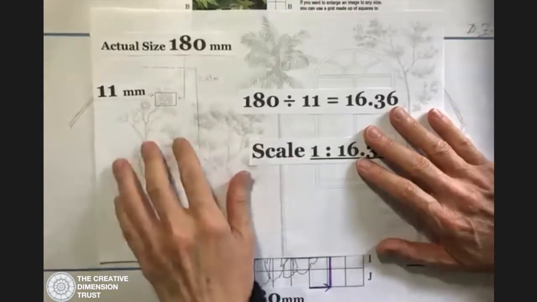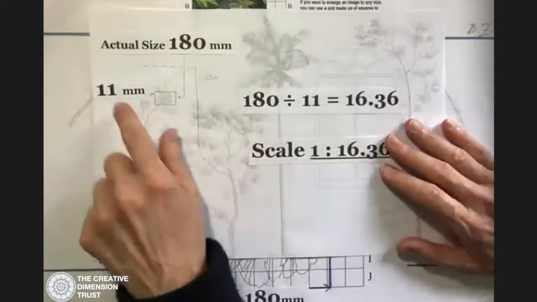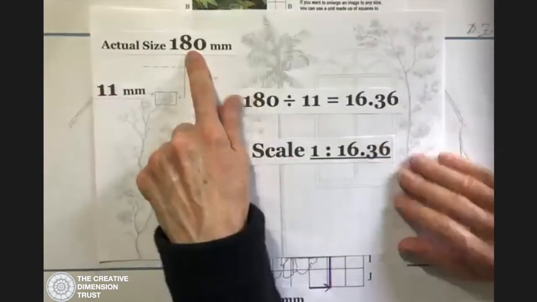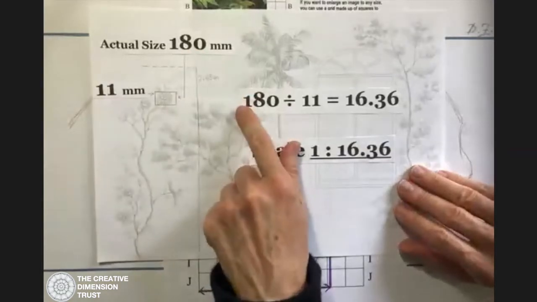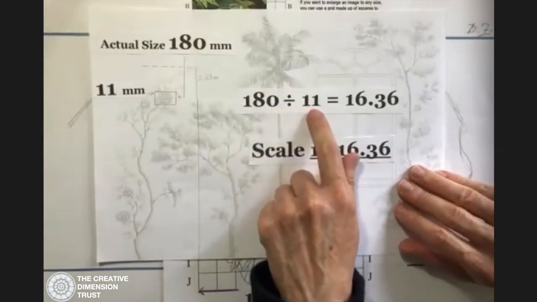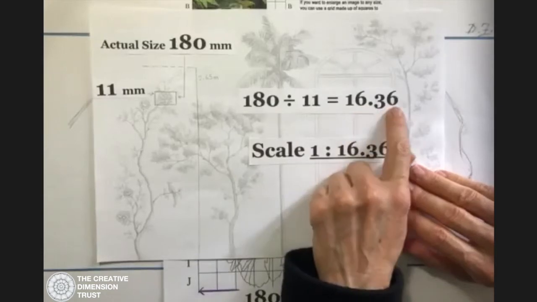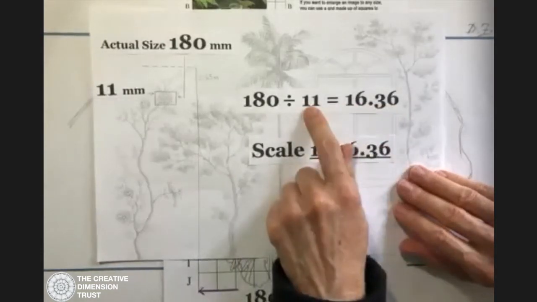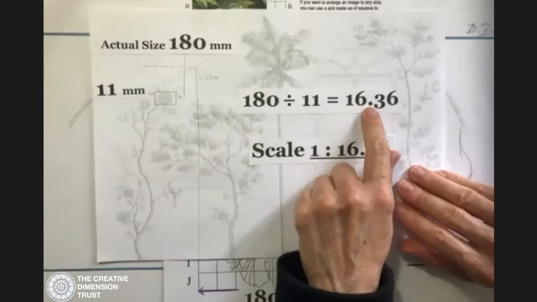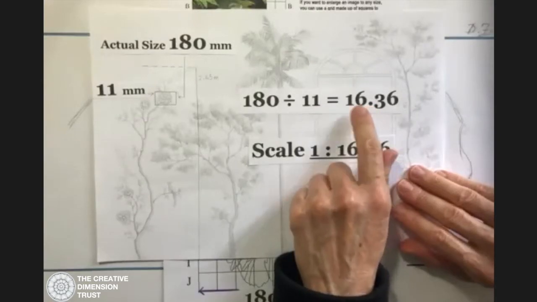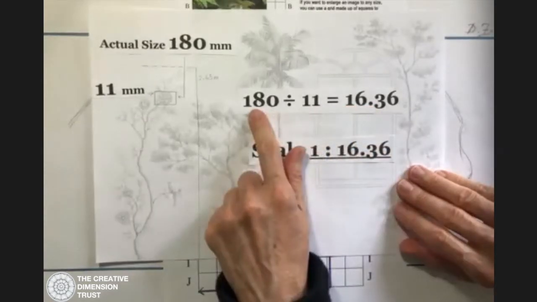I hope this makes sense. So how many 11s go into 180? 180 divided by 11, and I get 16.36. So if I times 11 by 16.36, I get 180, the actual size that I want my flower to be.